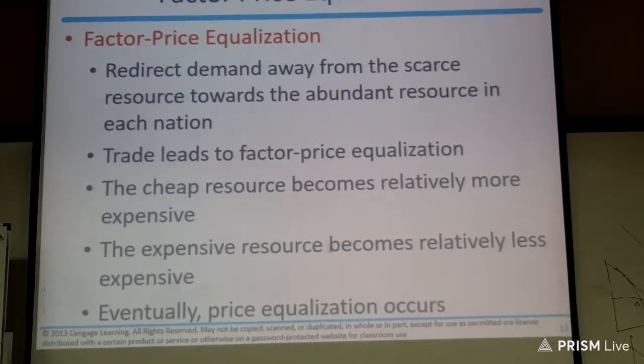What it does, international trade is good. Free trade is good because it redirects demand away from the scarce resource toward the abundant resource in the nation. In the United States, not much labor. So the demand will shift from labor-intensive products to capital-intensive products, which the United States has a lot of capital for.